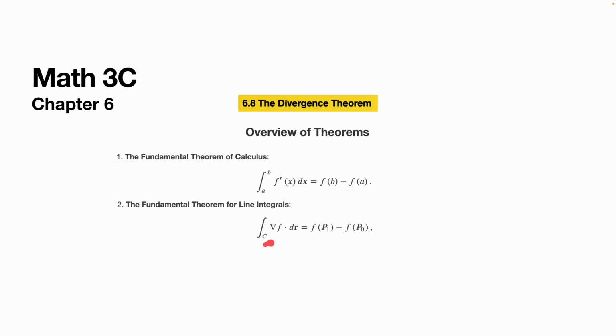So this line integral is from the beginning of the curve C to the end of the curve C, just like A is the beginning of the interval to the end of the interval. We look at the antiderivative to find the value of the integral. Here, we look at the potential at the ending point and subtract away the value of the potential at the beginning point.